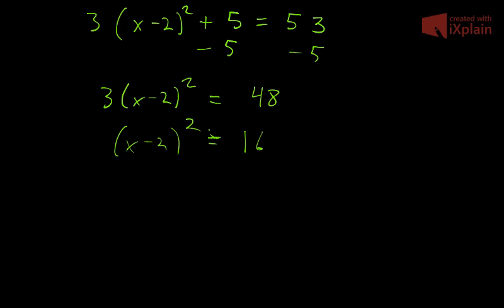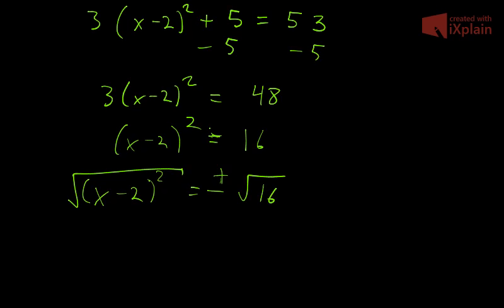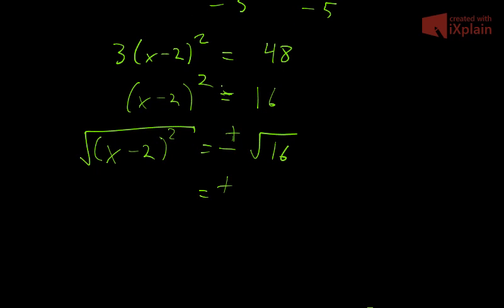I can now take my square root, and I get the square root of (x minus 2) squared equals plus or minus the square root of 16, which is going to be plus 4 or negative 4. I'm going to split that up because I know the square root of (x minus 2) squared is x minus 2.